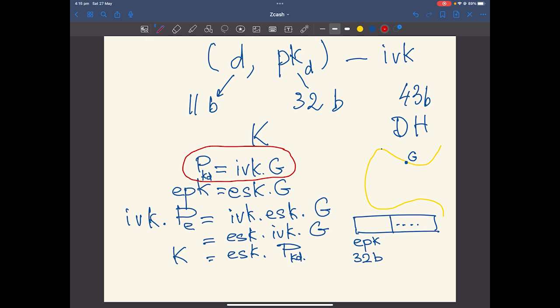If I say that PKD is equal to IVK times G, then I can do the rest. And the trick is that I choose G the way I want it.